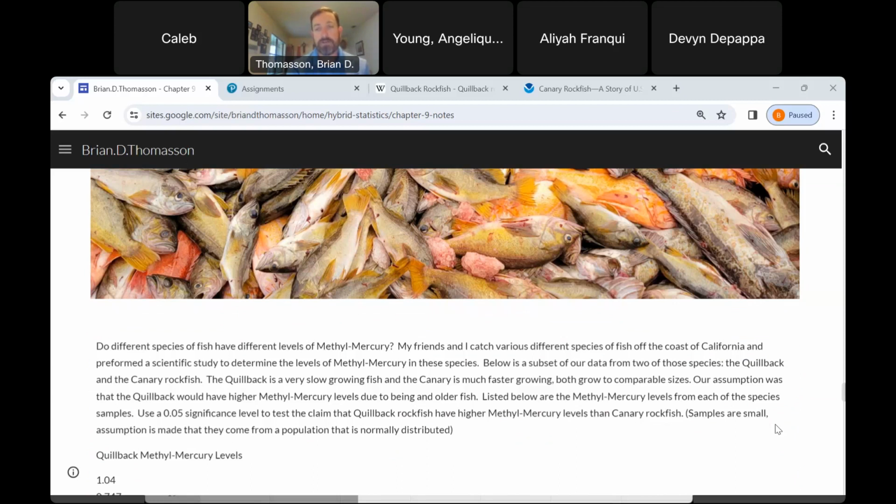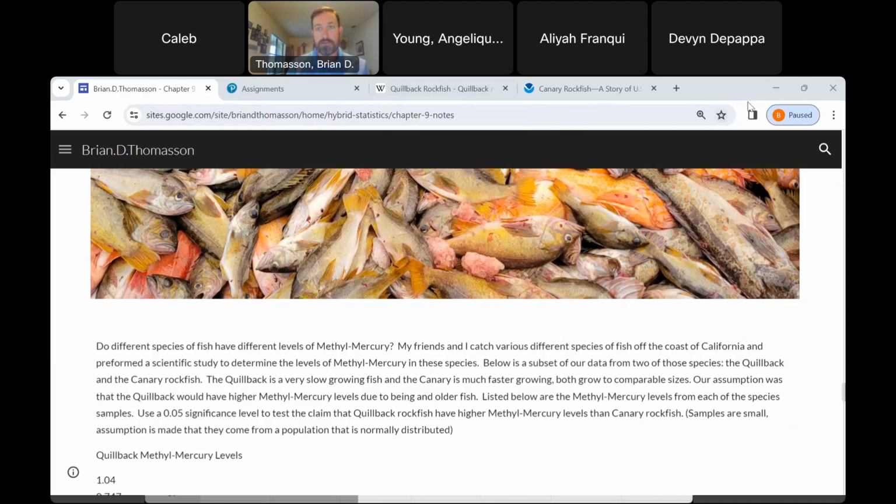One of the questions we had, which wasn't particularly in the study we got a grant for, but we wanted to know the answer, is: do different species of fish have different levels of methylmercury?